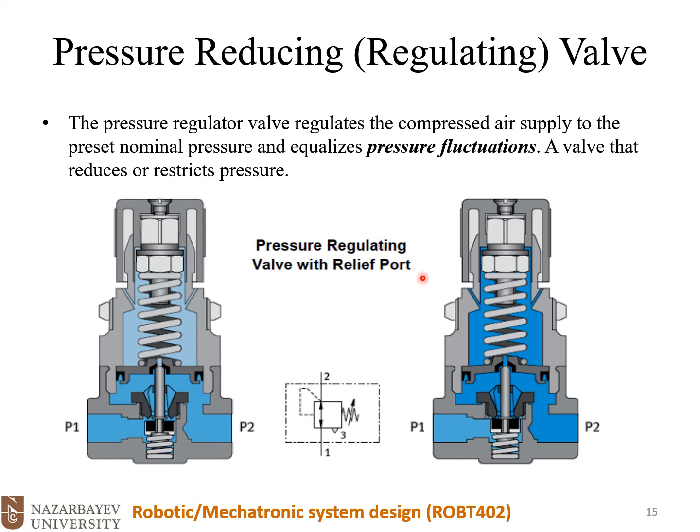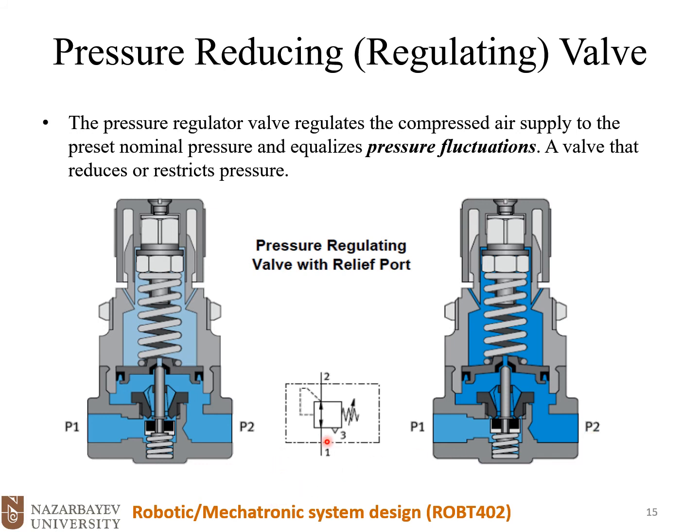So it reduces the pressure by exhausting air to the atmosphere. That's why we sometimes call this type of regulator a pressure reducing valve, because they are mostly designed to cap the pressure at the output.